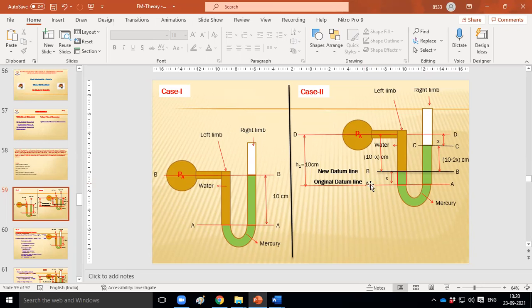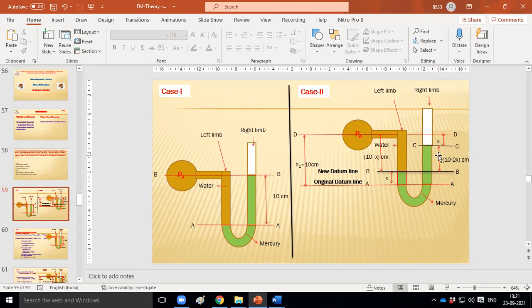We don't consider this AA line for the calculation part, but just for understanding and to determine the dimensions. Now BB dash is the datum line for this second part, and therefore the distance between CC dash and BB dash is how much?